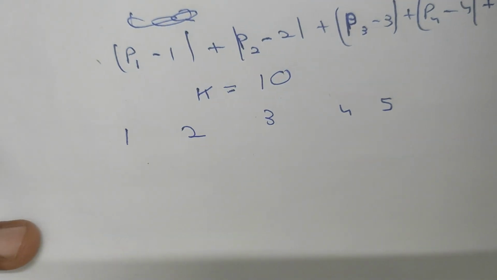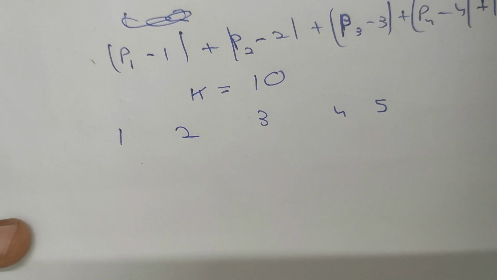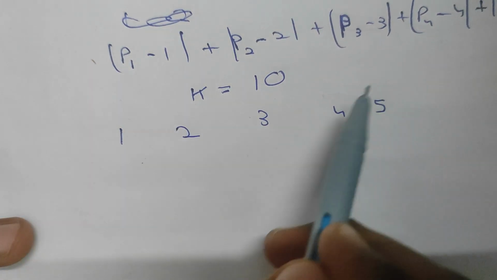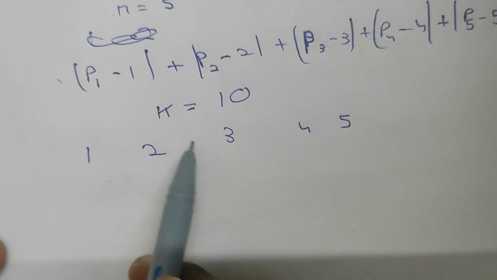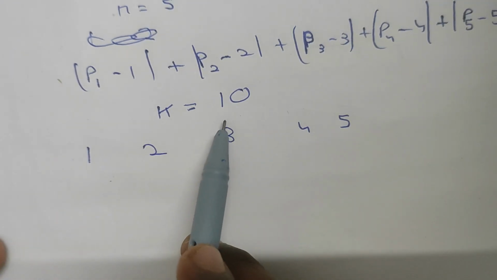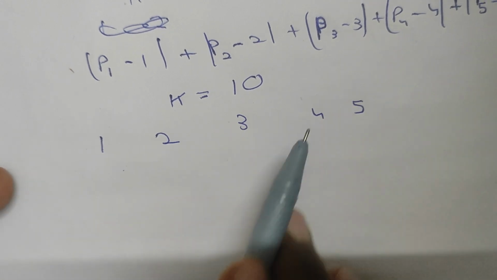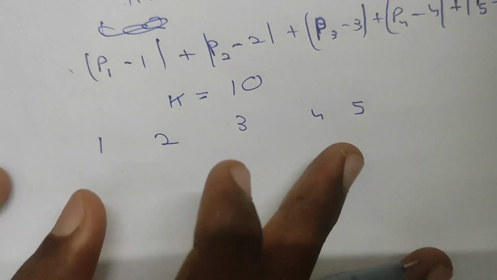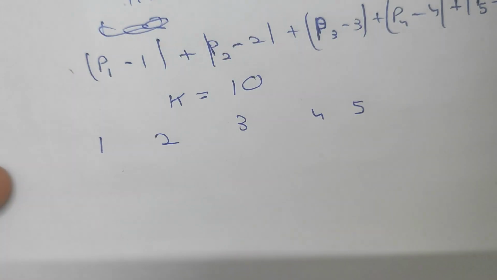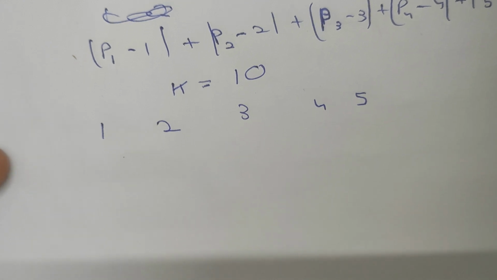I want a permutation such that when we take the sum like this, the total sum will be equal to 10. I will do some operation from the initial permutation 1 2 3 4 5 to get a permutation that satisfies this condition, or check whether we can't form it.